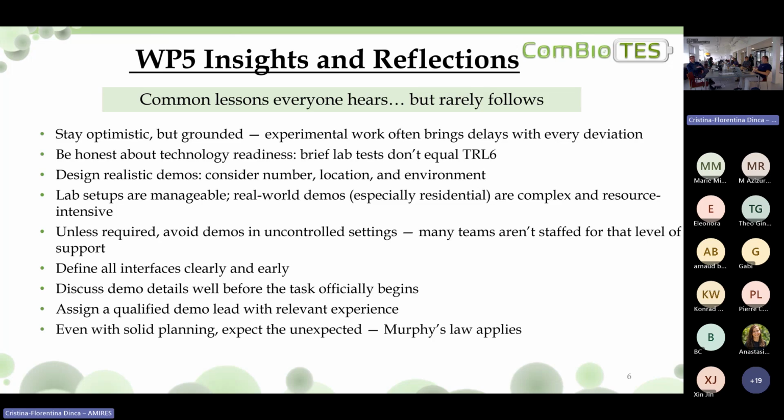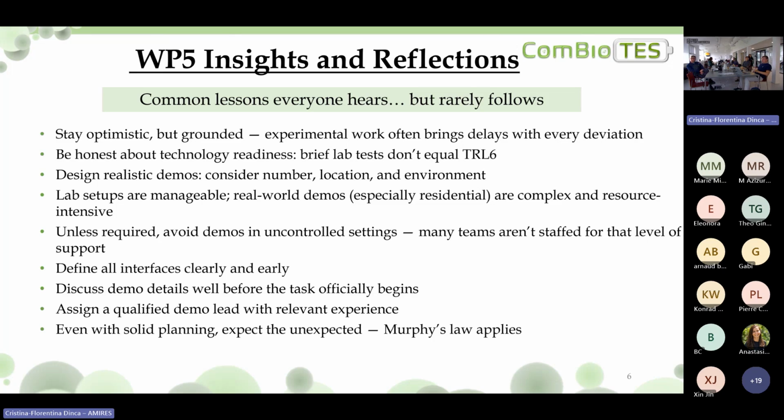You have to start everything on a demo site long before the fake planning that has been submitted to the European Commission, because basically, if you start at the normal date, you will fail. You have to start from the beginning to be prepared when you have to really start the demonstration.